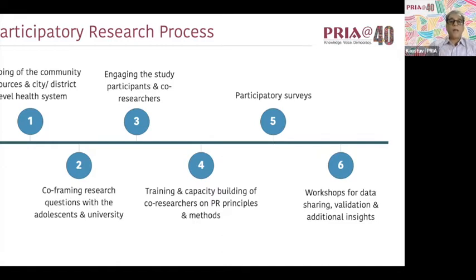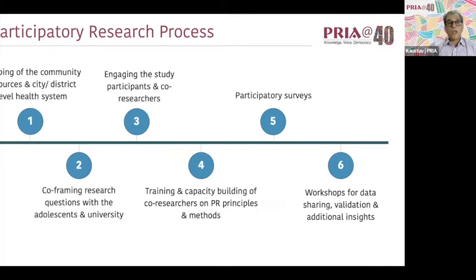Then we started engaging with the study participants and the co-researchers to detail out the research methodology and the process of data collection, and how it would be an iterative process. Those were the themes that we discussed with different co-researchers. Before we proceeded further, we had to organize training and capacity building of the co-researchers.